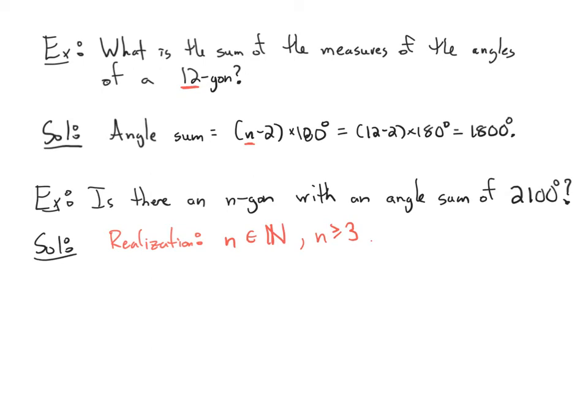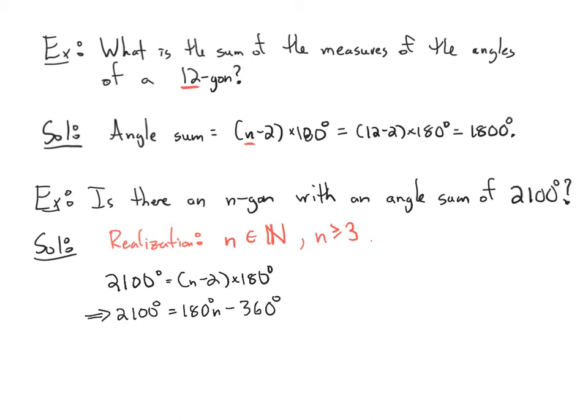So the angle sum is 2,100, and that equals n minus 2 times 180. So let's simplify this. So 2,100 equals, let's expand this out, 180 times n is 180n, and 2 times 180 is 360.